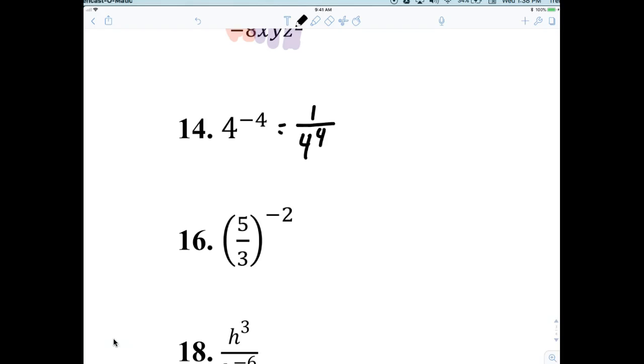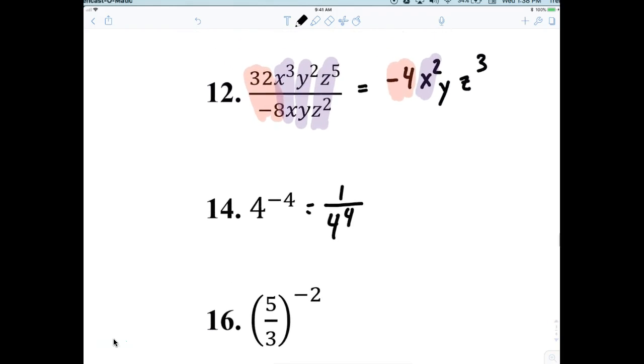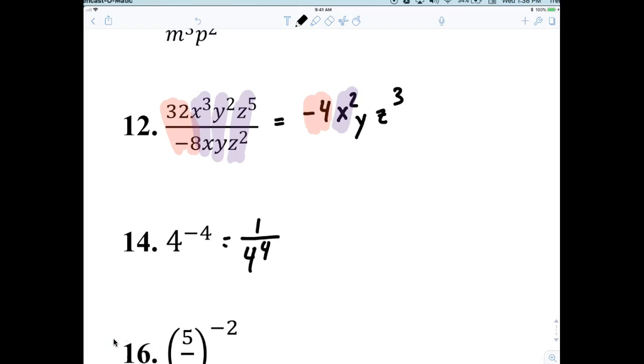What? When you bring it down, why would the 4 become a negative? Because if the exponent. No, stop. Listen to what I just did. Listen, on all of these, have I ever changed the value from a positive to a negative? Now, what do I mean by that? I mean this.